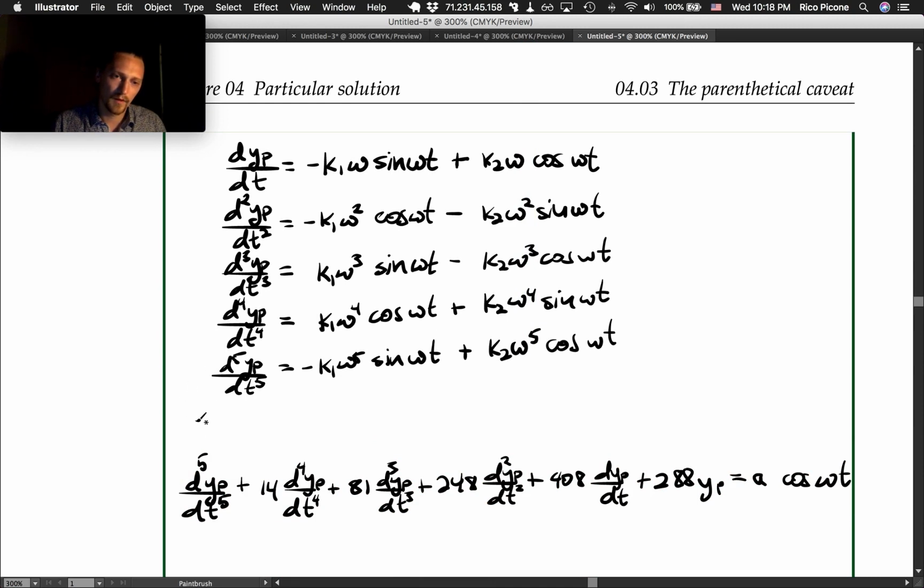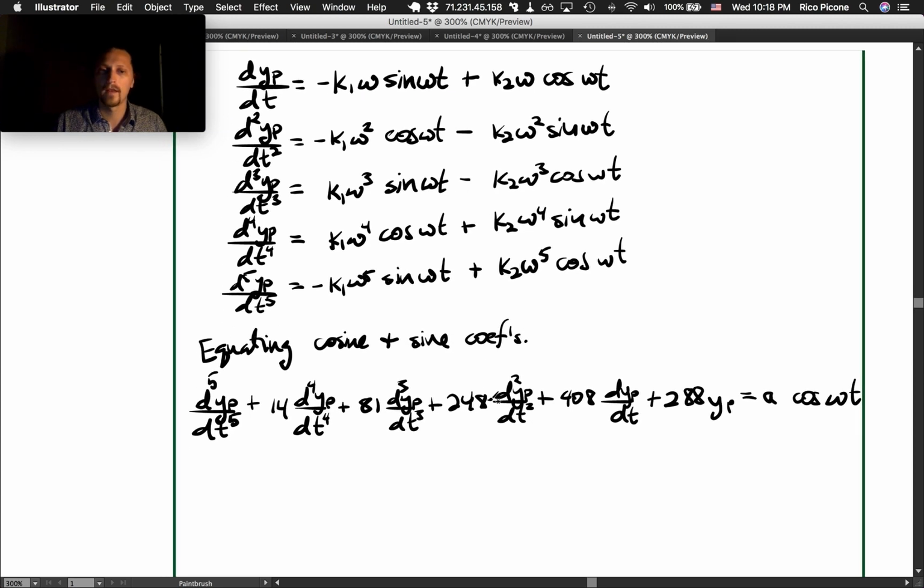So I'll say equating cosine and sine coefficients. So let's just go term by term. So the first term is the yp, the fifth derivative, right? So let's go here first.